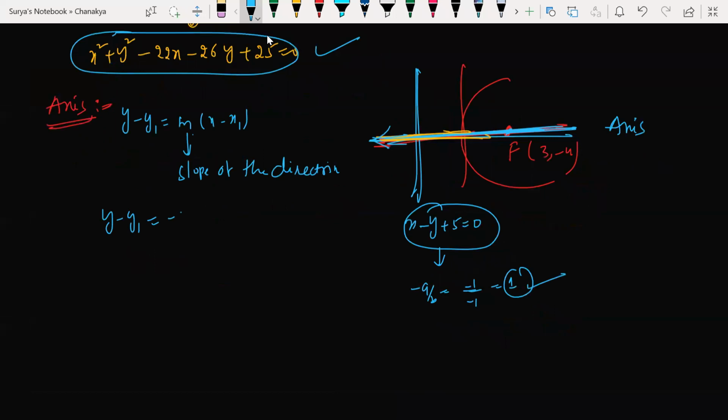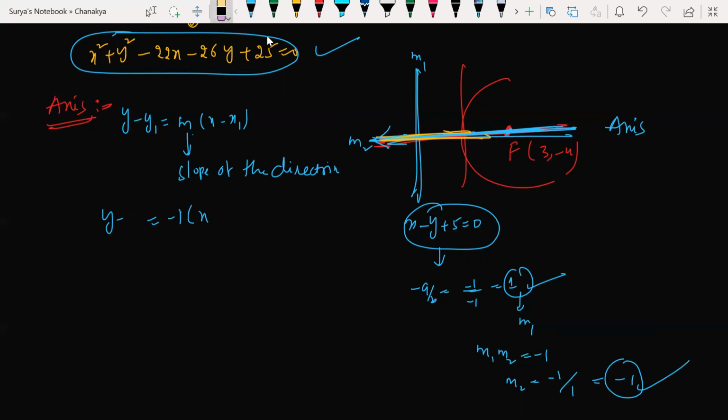This is my m1. So m1 m2 is equal to minus 1. I need the m2 value. How can I find it? Minus 1 by 1, so minus 1 is my m2. So x minus x1. What is the point here?